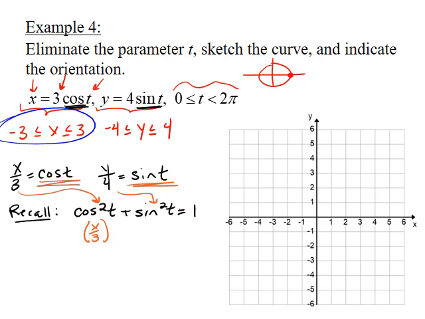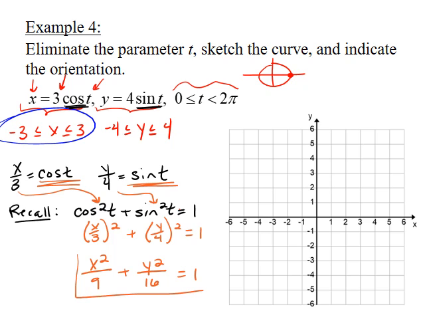So (x divided by 3) squared plus (y divided by 4) squared is equal to 1. I'm going to square everything, and I find that I have x squared divided by 9 plus y squared divided by 16 is equal to 1. I have eliminated the parameter because I do not have multiple equations with t involved. So this is my equation.